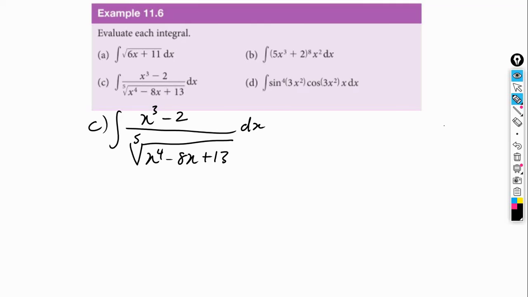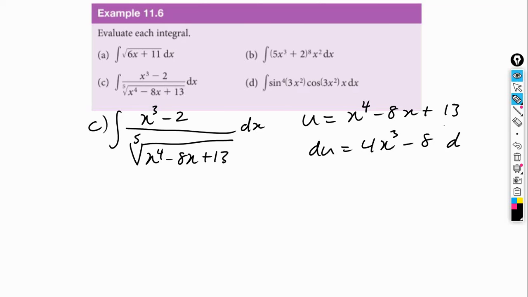Choose the u that is caught in an exponent, right, or caught in a root. So u would be x to the 4 minus 8x plus 13. Therefore, the derivative of u would be 4x cubed minus 8 dx.